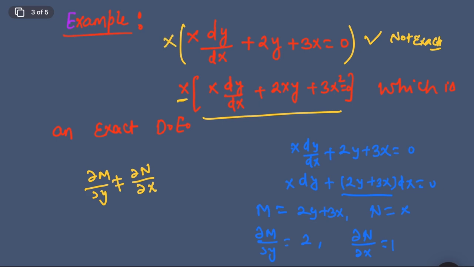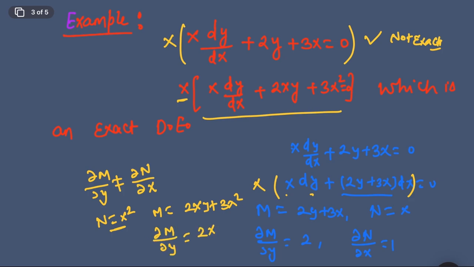Then N becomes x square, since the coefficient of dy is N, and M is updated to 2xy plus 3x square. The partial derivative of M with respect to y is 2x, and the partial derivative of N with respect to x is 2x, so both are equal. So after multiplying by x, the differential equation becomes exact.